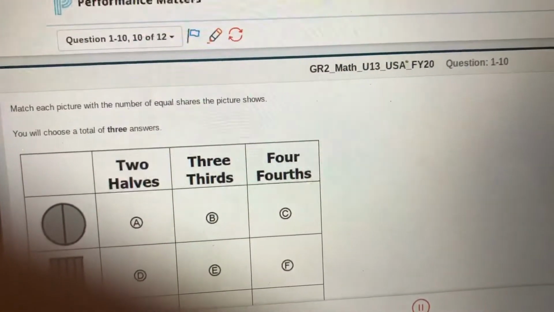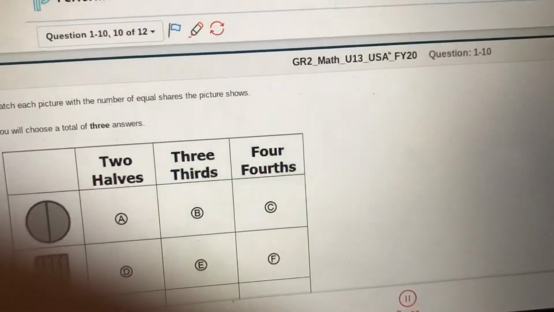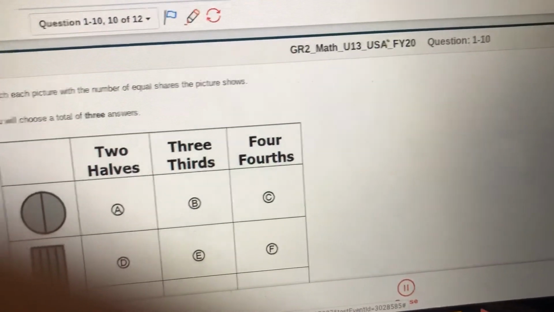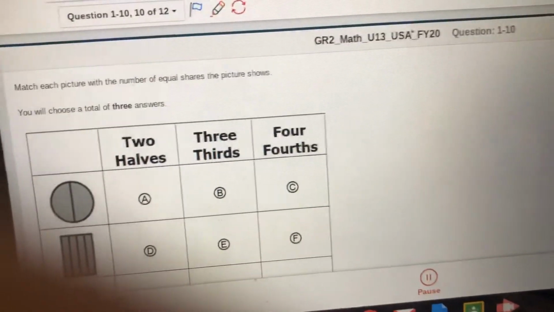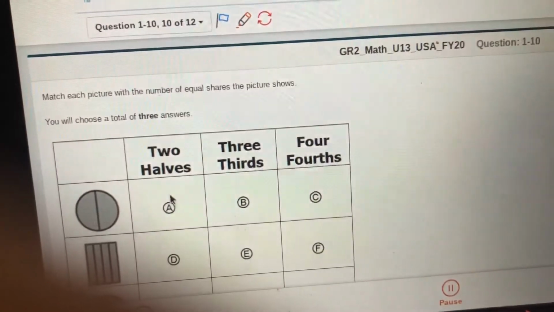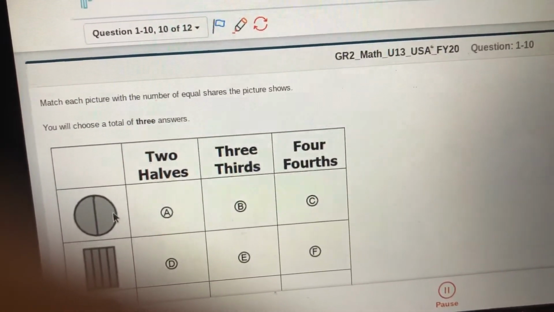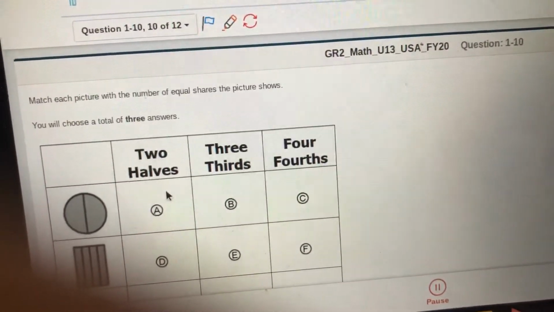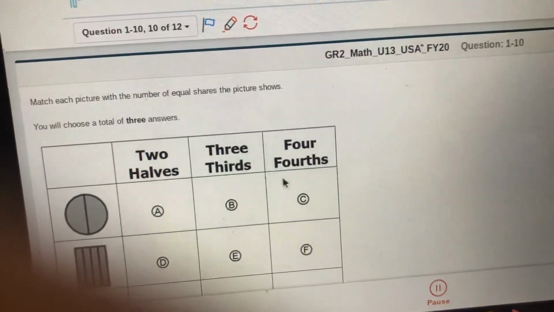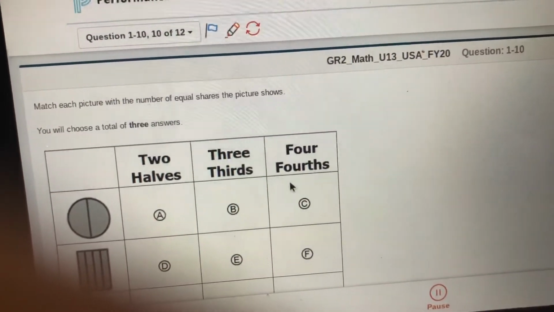Okay, it says match each picture with the number of equal shares the picture shows. So, does picture A show you, look at how it's divided up. Does it show you 2 halves, 3 thirds, or 4 fourths?